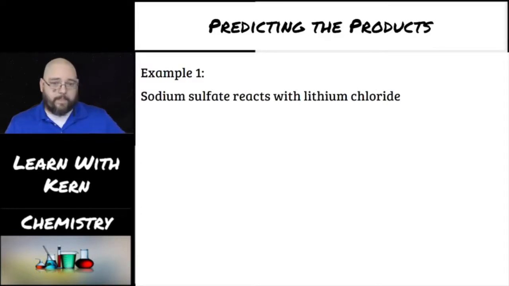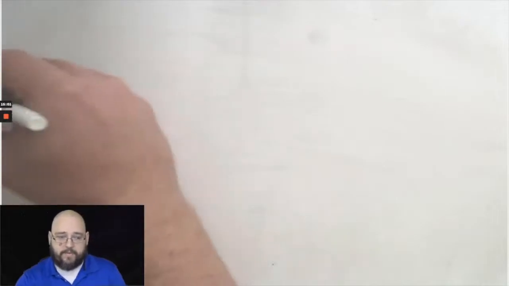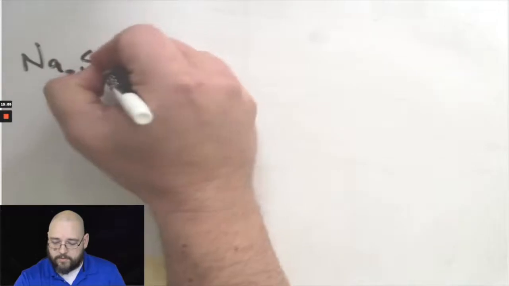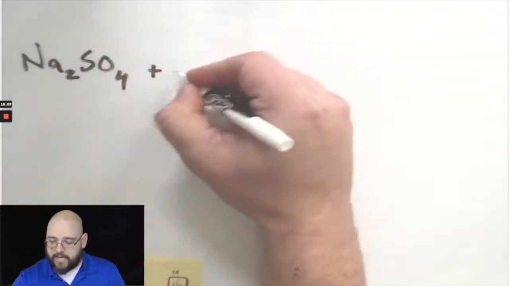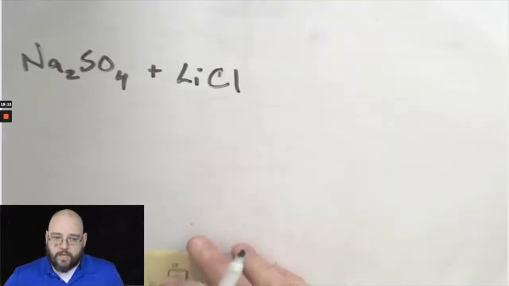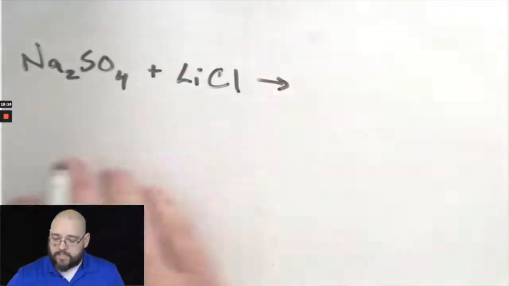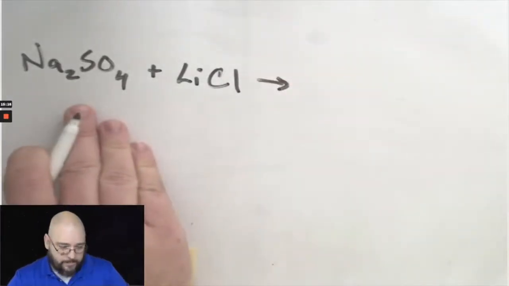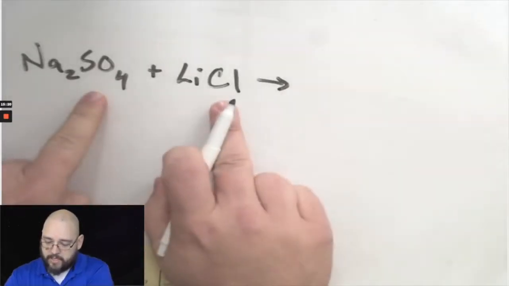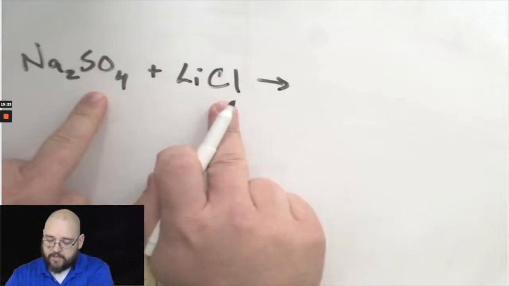Okay, so I have sodium sulfate is going to react with lithium chloride. So what I'm going to do is switch the partners. I'm going to take my anions and just switch them.